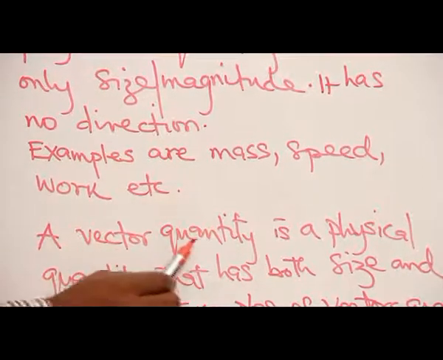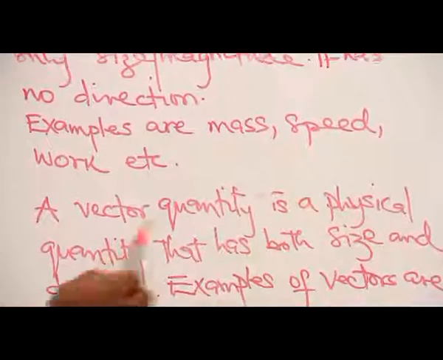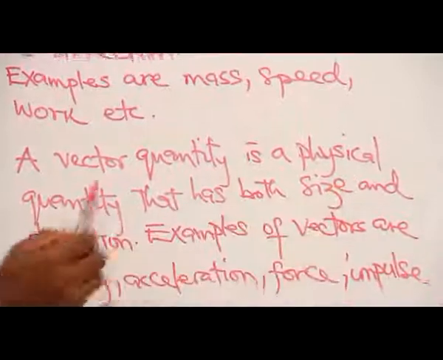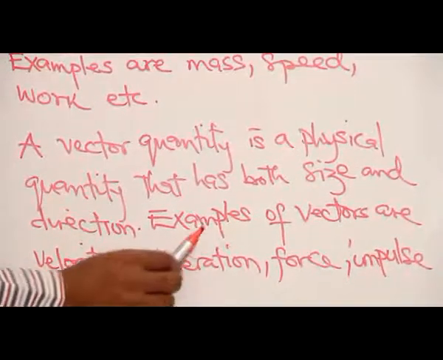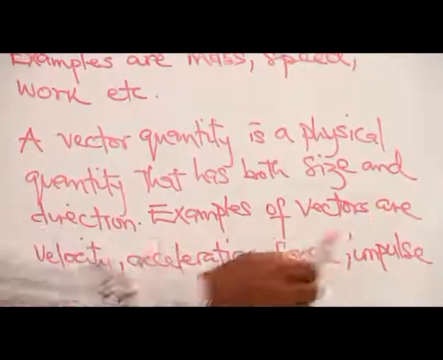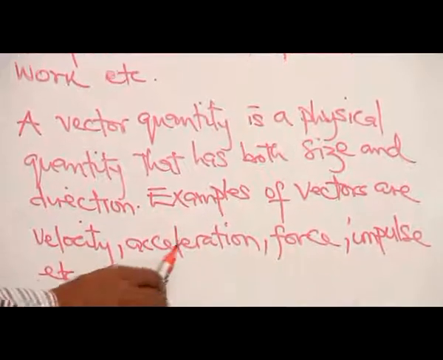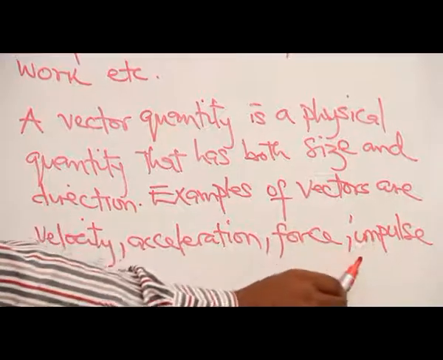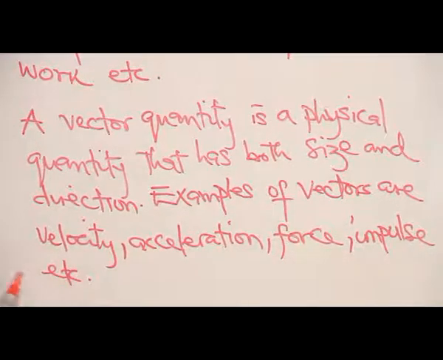While a vector quantity is a physical quantity that has both size and direction. Examples of vectors are velocity, acceleration, force, impulse, etc.